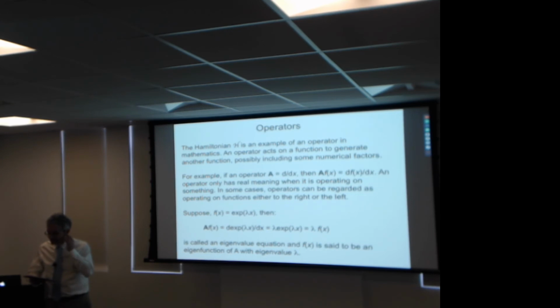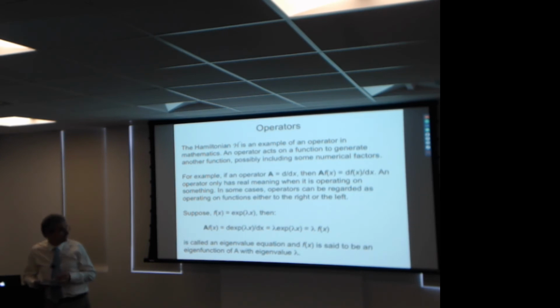And some operators will have a funny property. For example, if we take the derivative of the function e to the lambda x, the derivative of that is lambda times e to the lambda x. And that's equal to lambda times the original function.